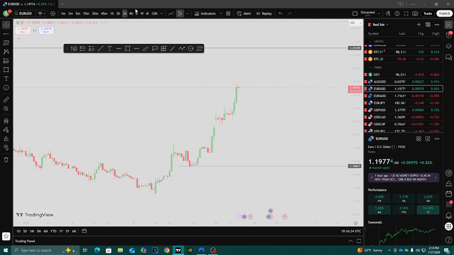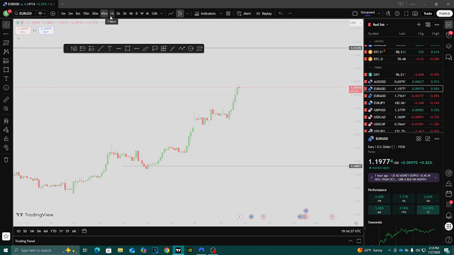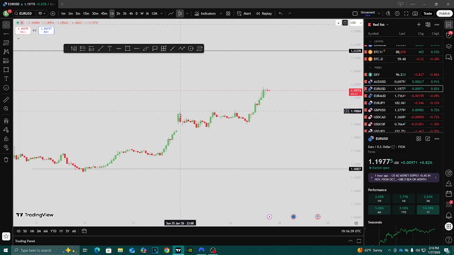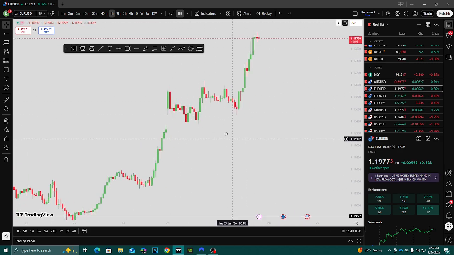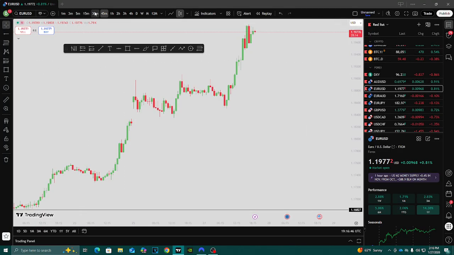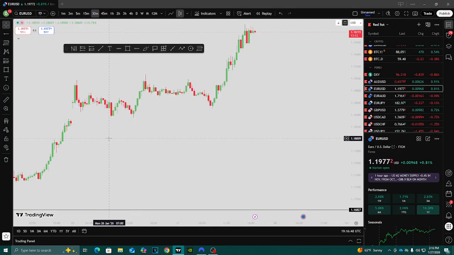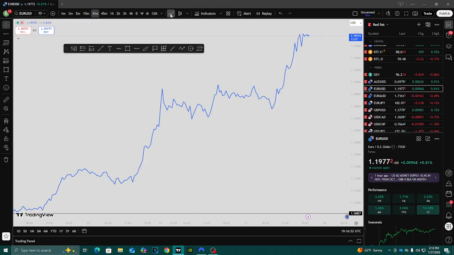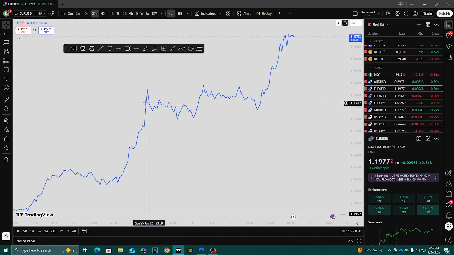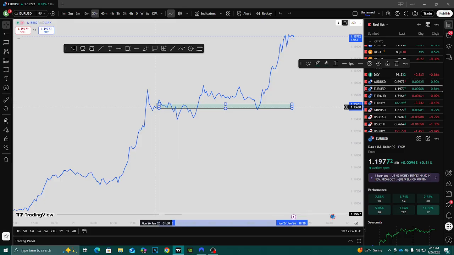Now we're gonna go back in time a little bit. Let's say we caught the market when it was right here. So obviously we're gonna go to a lower time frame. We have some peaks right here, meaning there's a good zone right above here, around here, just because it broke down.